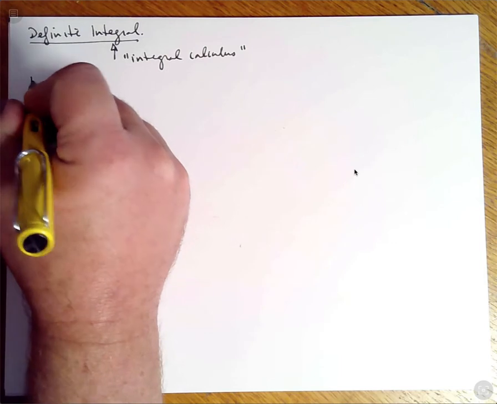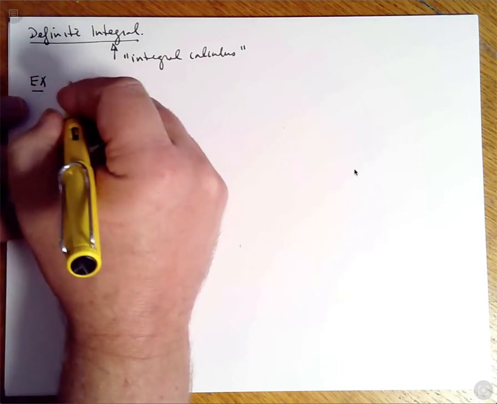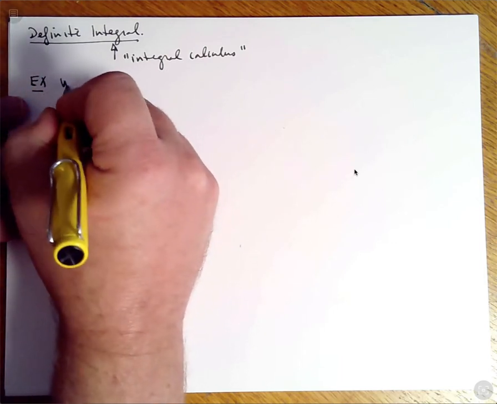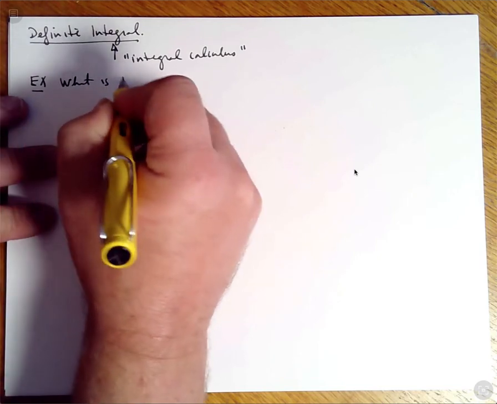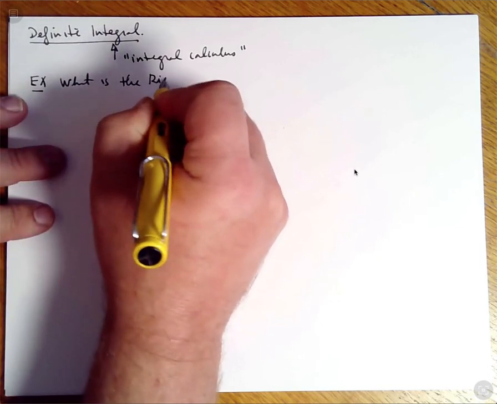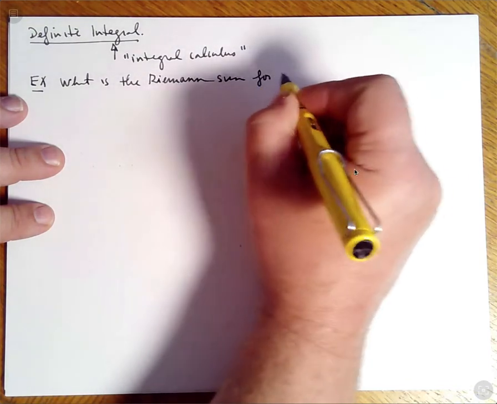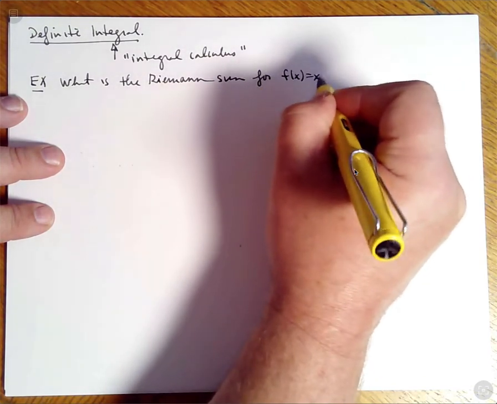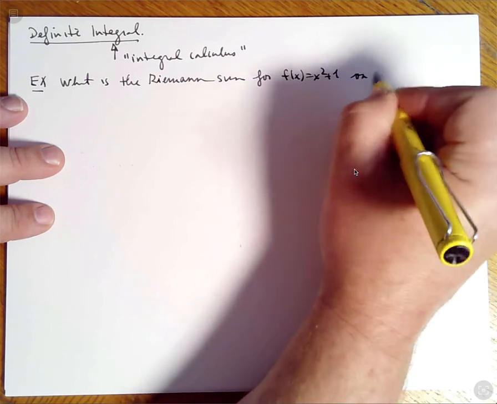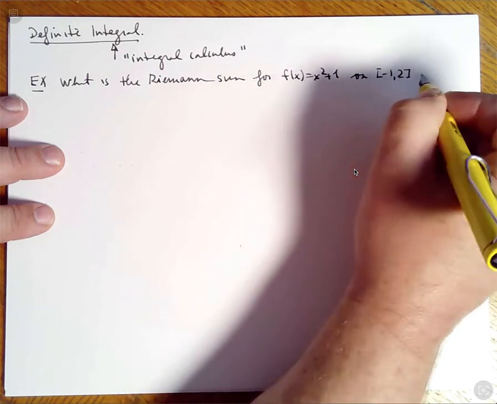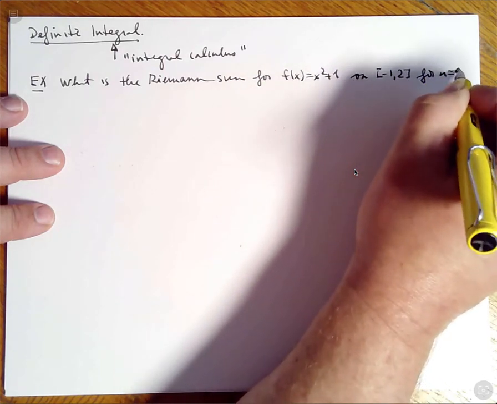Last time I did this example, I think it was something like, what is the Riemann sum for f of x equals x squared plus 1 on the interval from -1 to 2 for n equals 9.